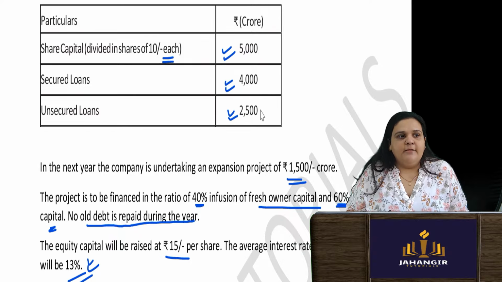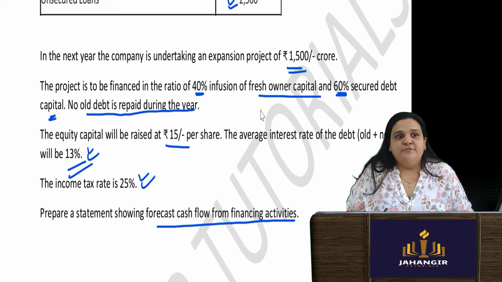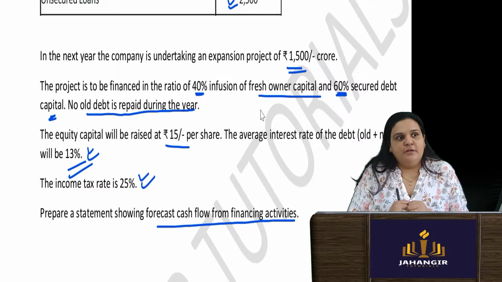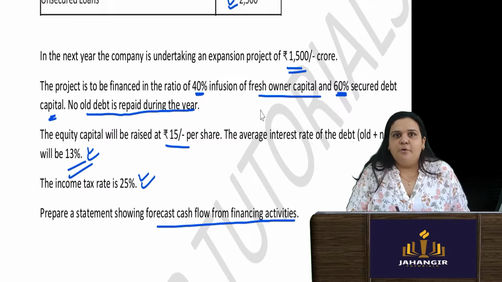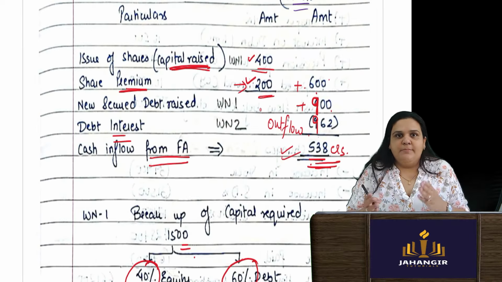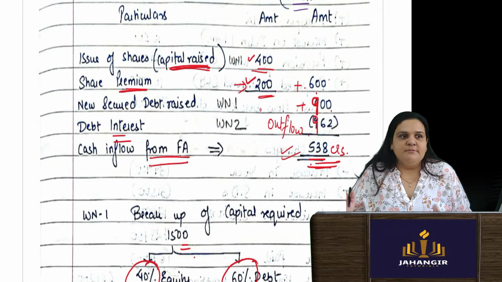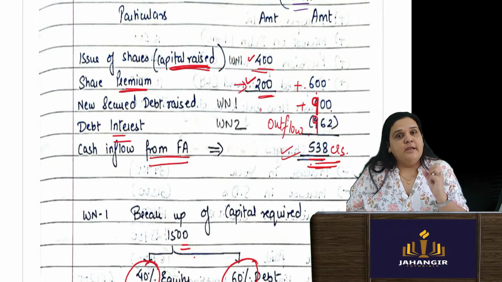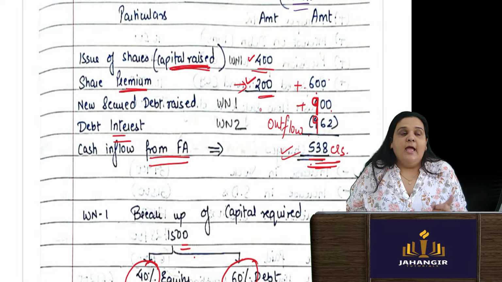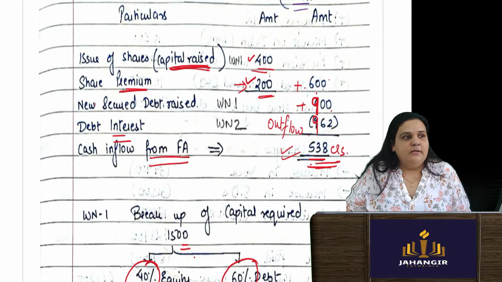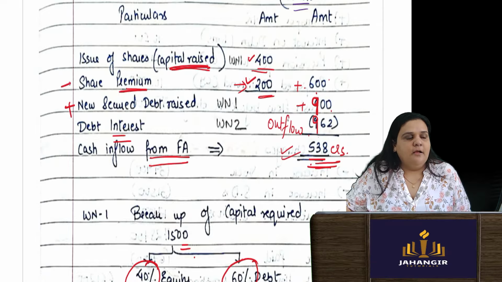Okay, now they are telling me to find the forecasted cash flow from the financial activities because of this particular raising of capital of 1500 crores. Now what will happen? From 1500, 600 I am raising in the form of shares. So that I have mentioned, share premium and share capital separately. 400 and 200 becomes 600. I am raising new debt also of 900 crores. And on that interest also I will have to pay. Interest will be going out. This is going to come in.